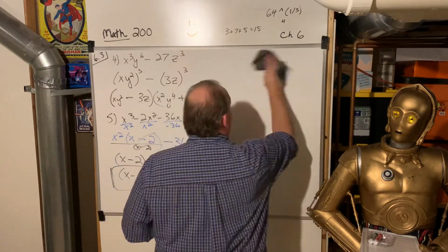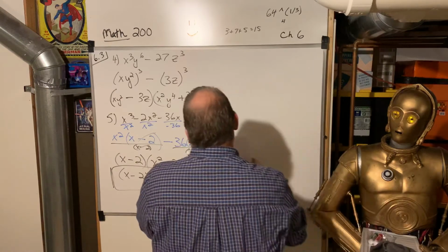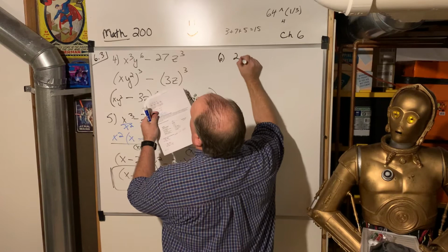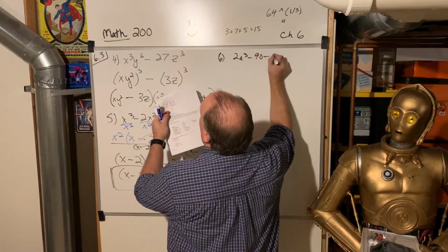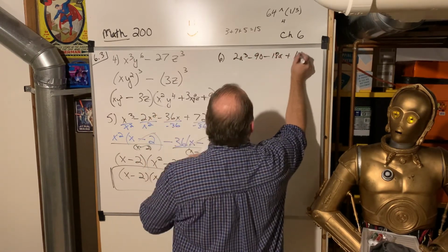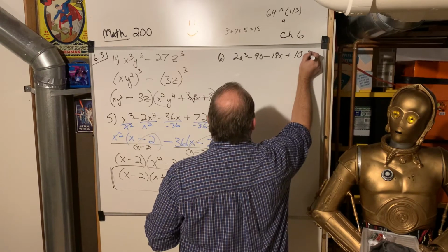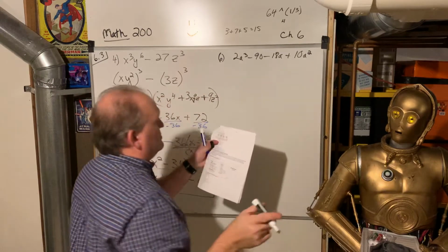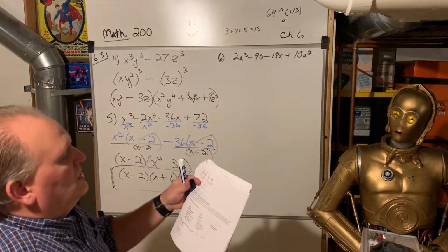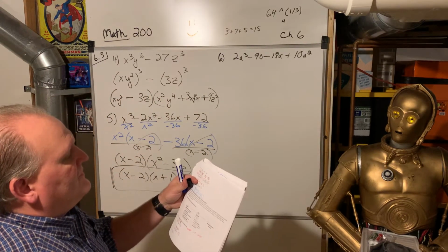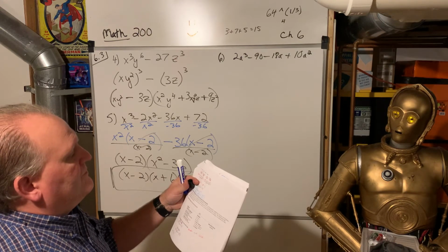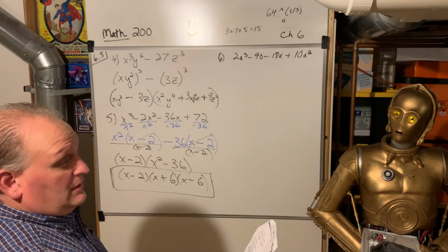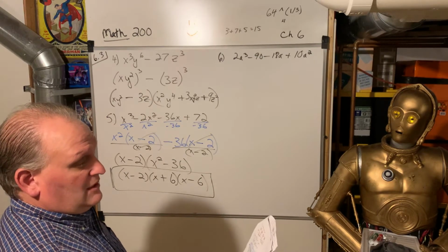See what they have in store for us here. We've got 2a cubed minus 90 minus 18a plus 10a squared. So we could factor out, can't we factor something out of all of those?